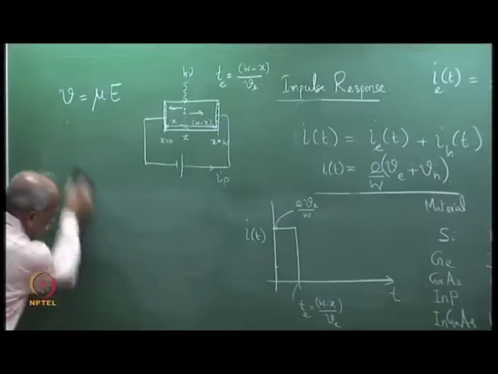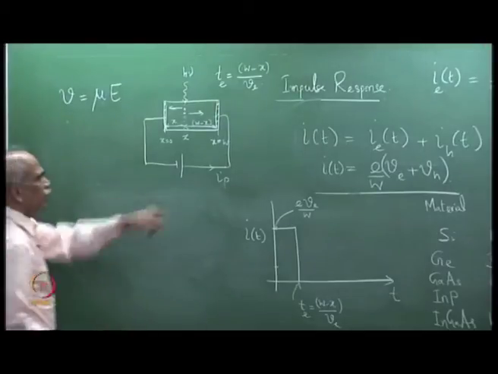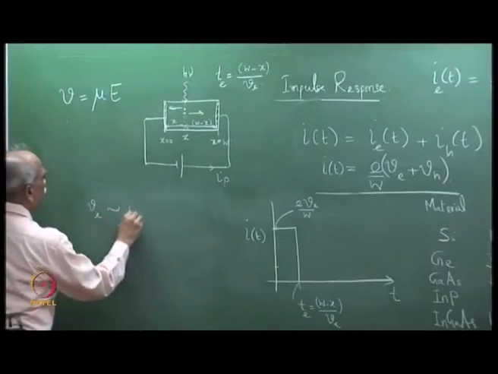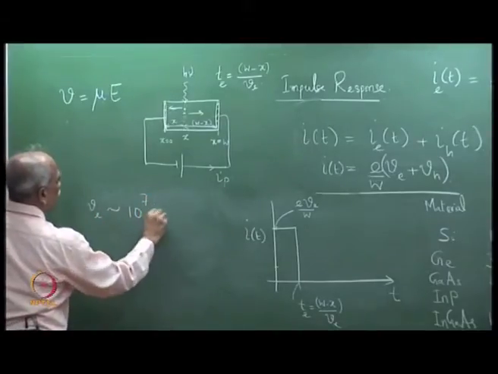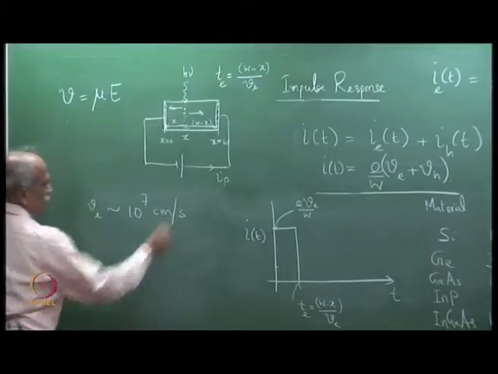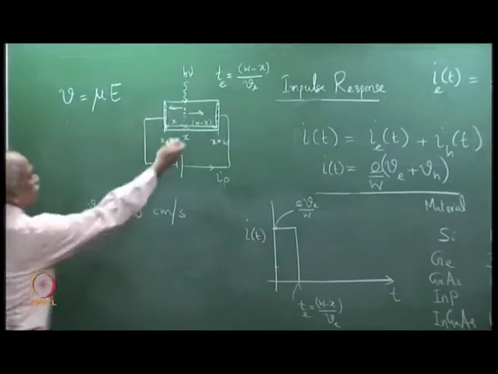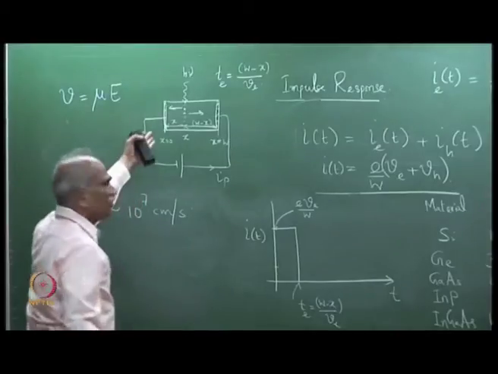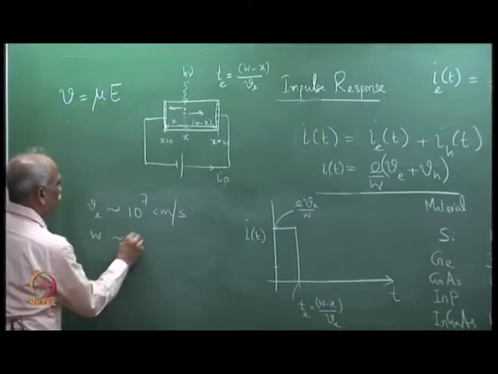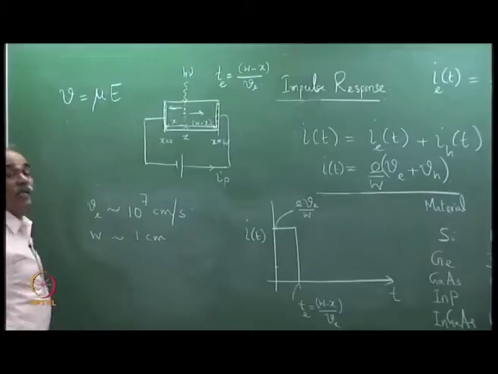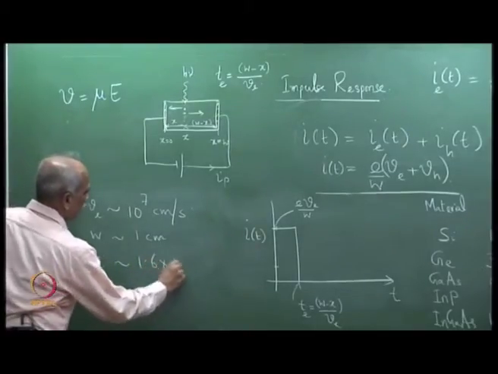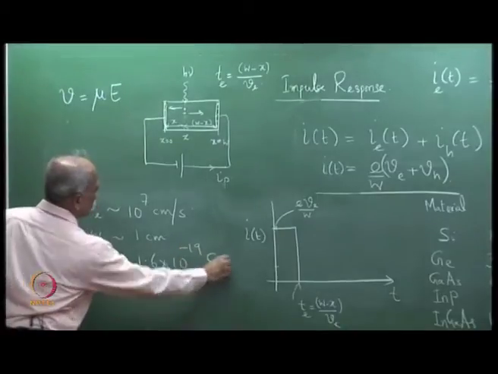So, what kind of numbers are we talking of? I will discuss more about V_e a little later, but typically V_e is about 10 to the power of 6 or 10 to the power of 7 centimeters per second. Let us say this is a 1 centimeter detector. There can be smaller detectors, but let me put W approximately 1 centimeter to get a feel for the number, and e, as you know, is 1.6 into 10 to the power of minus 19 coulombs.